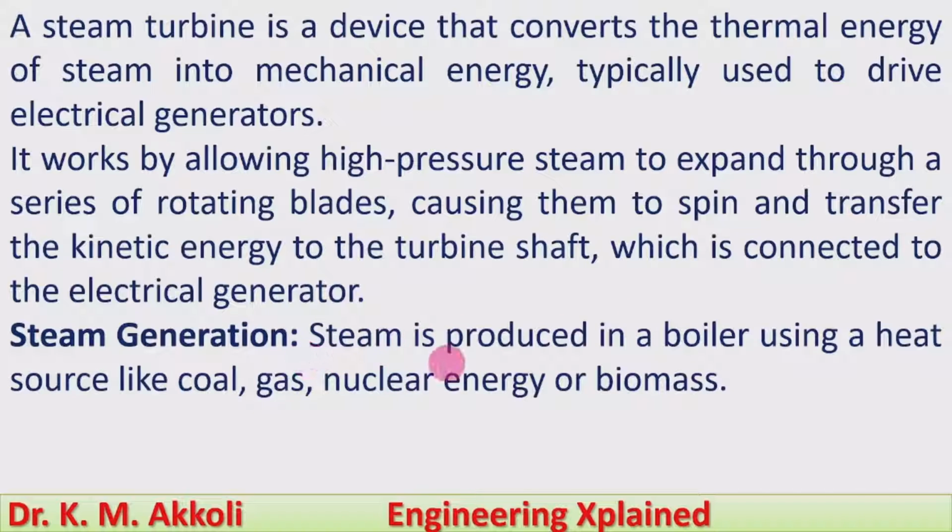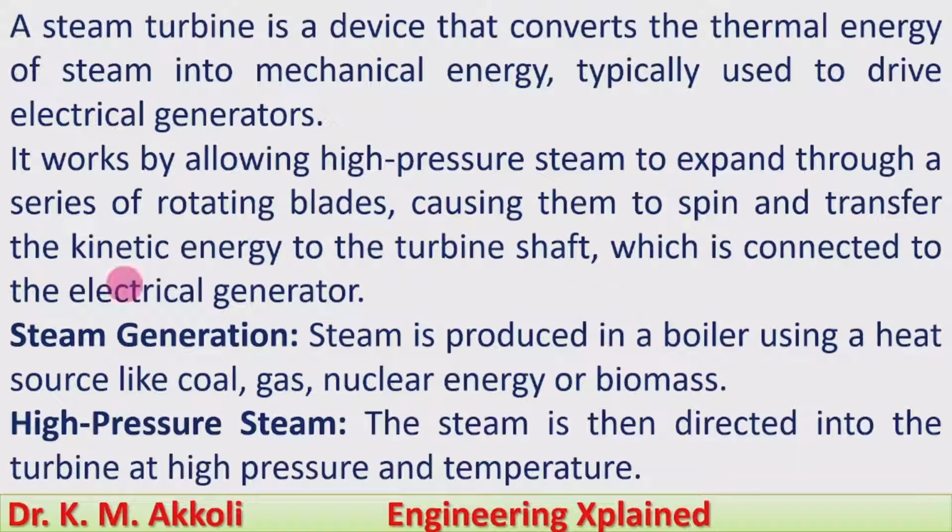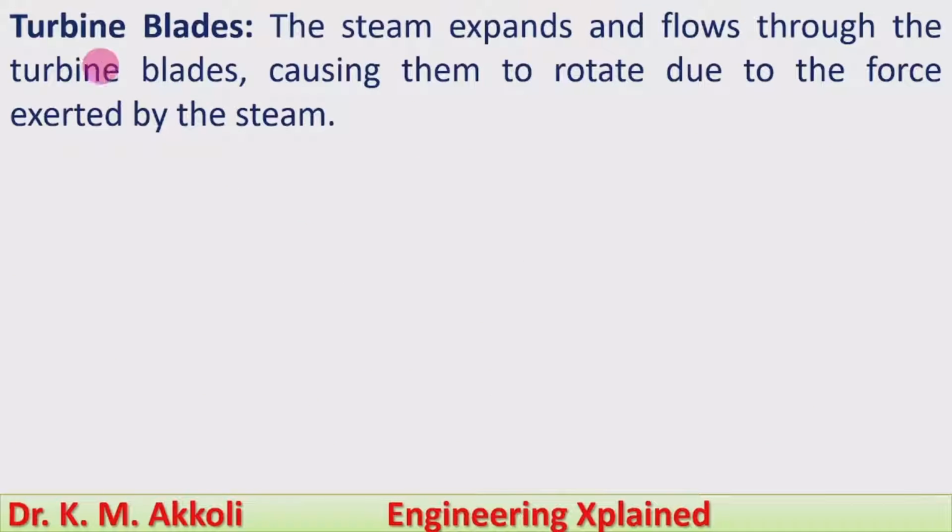Steam generation. Steam is produced in a boiler using a heat source like coal, gas, nuclear energy, or biomass. High pressure steam. The steam is then directed into the turbine at high pressure and temperature. Turbine blades. The steam expands and flows through the turbine blades, causing them to rotate due to the force exerted by the steam.